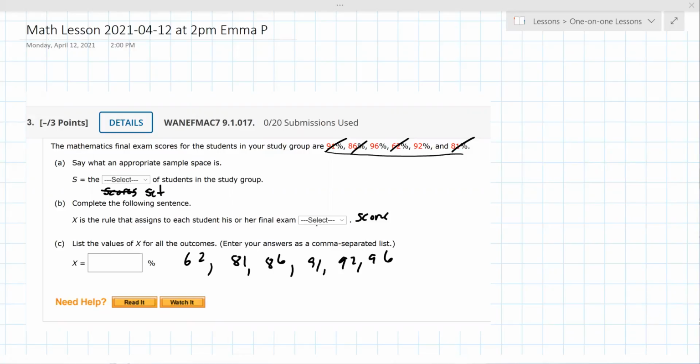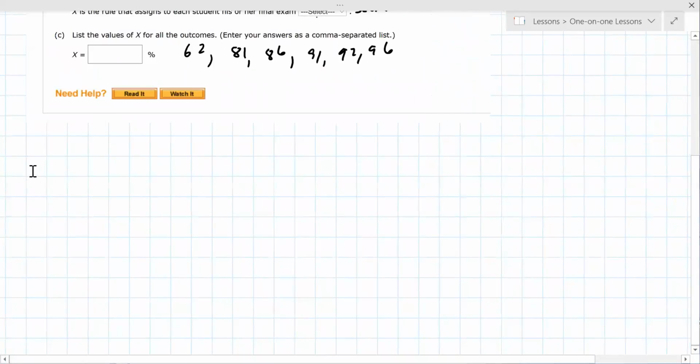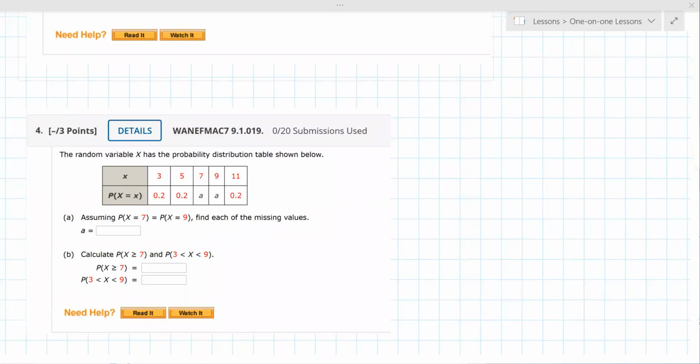Very common question that's asked in this class. Okay, here it is. The random variable has the probability distribution as shown below. The really important thing you have to know is that the numbers in this row, the probabilities, have to add up to 1.